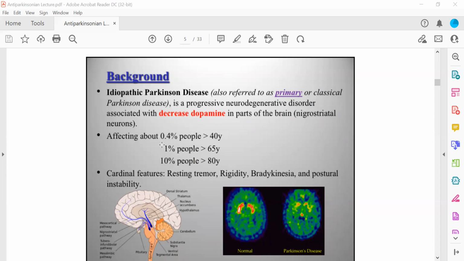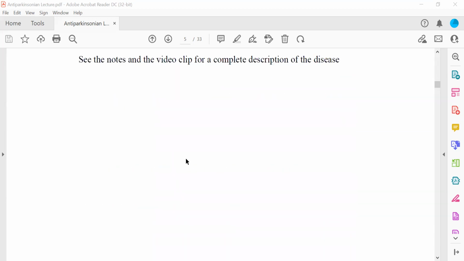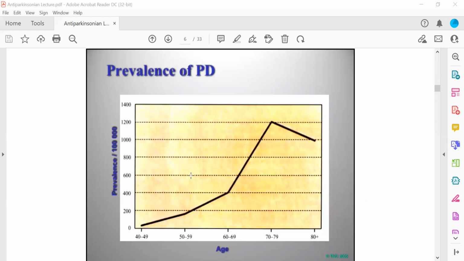You can also see that it affects mainly the elderly, and people over the age of 60 are at risk because they have a high prevalence of developing Parkinson's disease. Now, it must also be remembered that there's currently no cure for Parkinson's disease. The drugs that we currently have on the market are mainly symptomatic drugs. They treat the signs and symptoms. So the cornerstone therapy for Parkinson's disease is basically to increase dopamine levels.